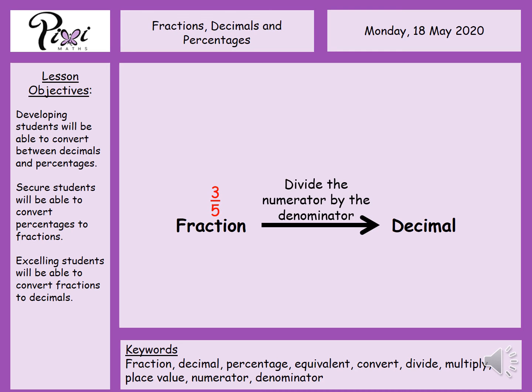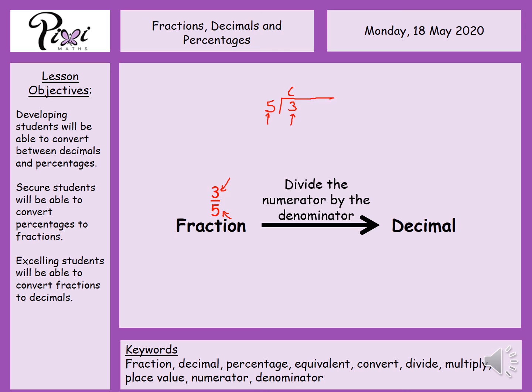So let's say we're doing 3/5. We're going to divide the numerator, 3, by the denominator, 5. So we're going to do 3 divided by 5. We write it out in this form: the number we're dividing by goes on the outside, and the number we're dividing goes on the inside. The first thing to do is look, how many times does 5 go into 3?